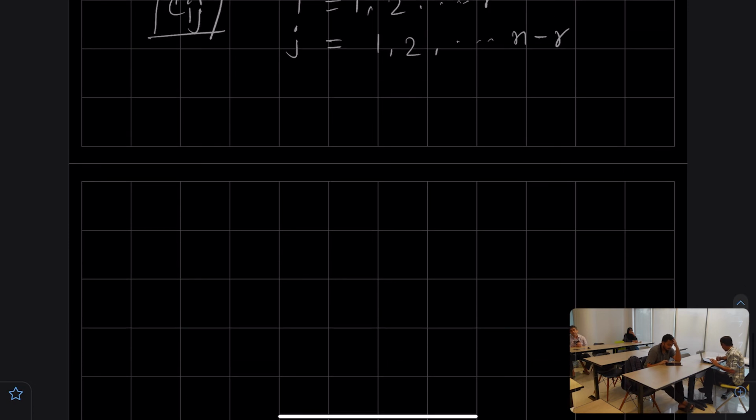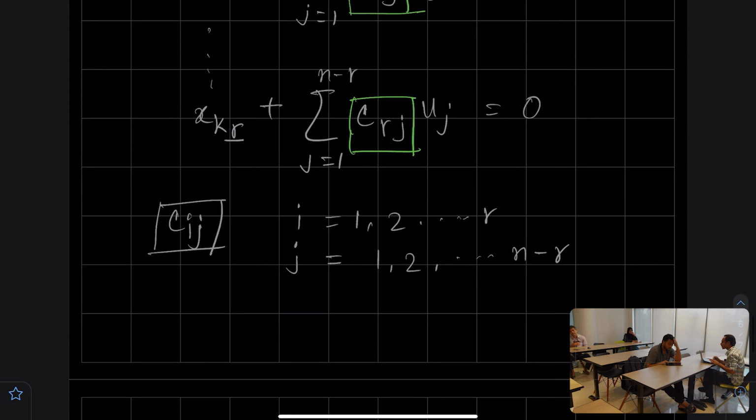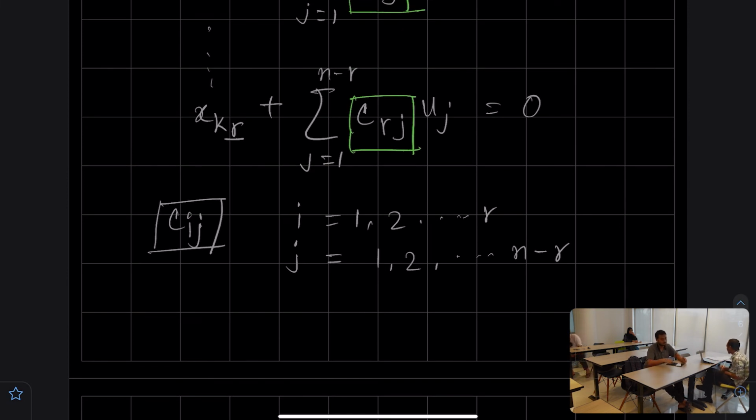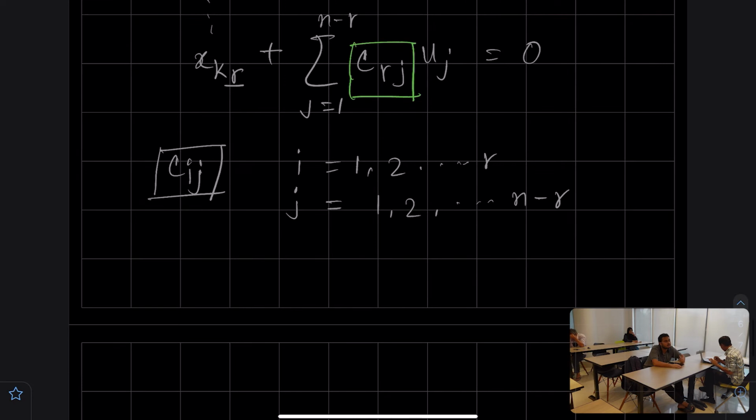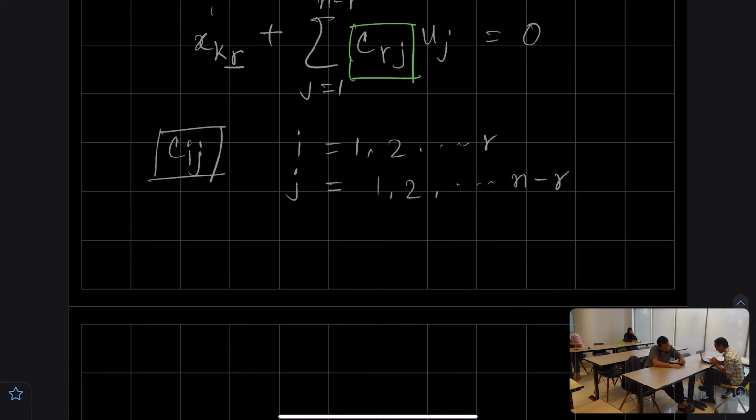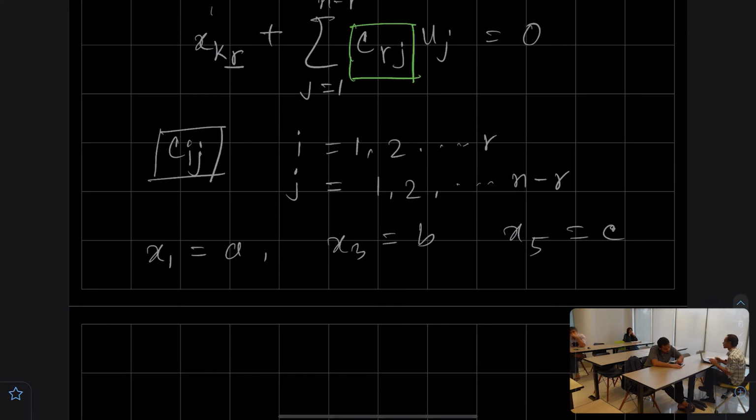So let me finish this example. We can assign any numbers to the free variables. Let's just set x1 equal to an arbitrary number a, x3 equal to b, and x5 equal to c.